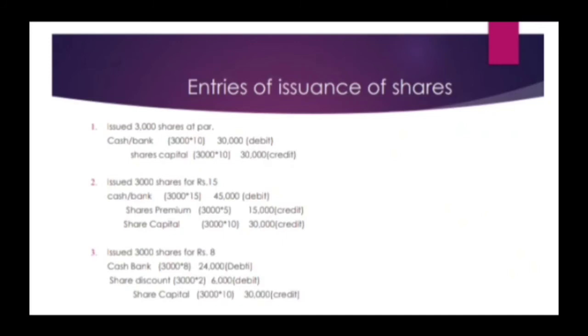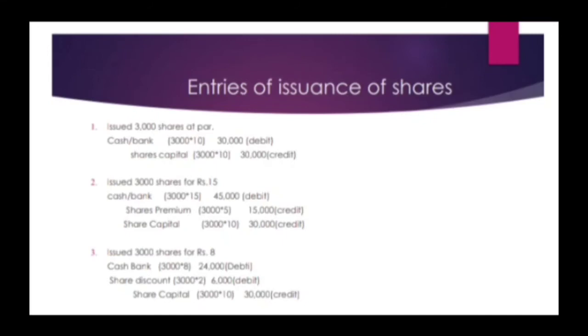Now let us take a look at the entries of issuance of shares. Number 1. Issued 3000 shares at par. As we have discussed before, par value is always 10. So cash or bank shall be debited by 30,000 and share capital shall be credited by 30,000. Then number 2, issued shares for rupees 15.